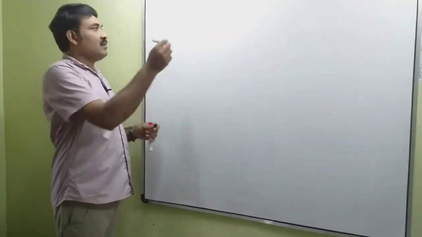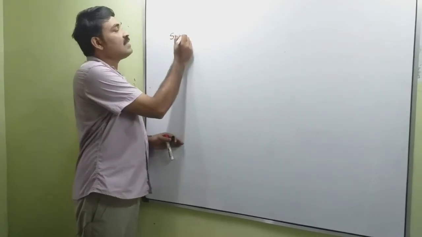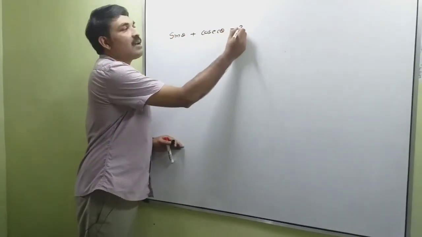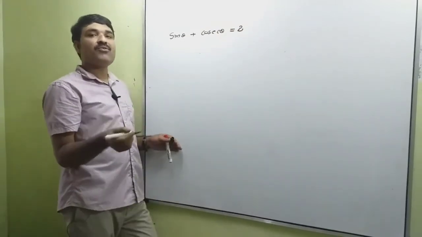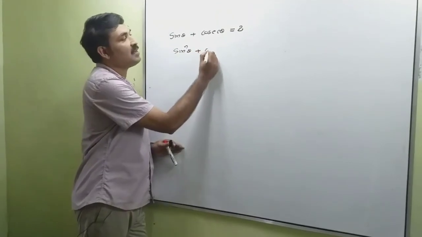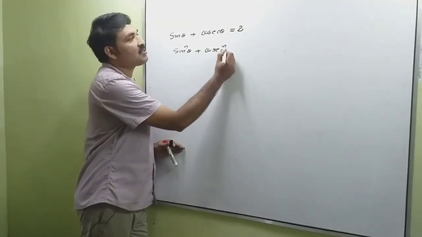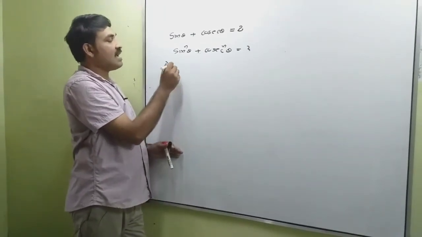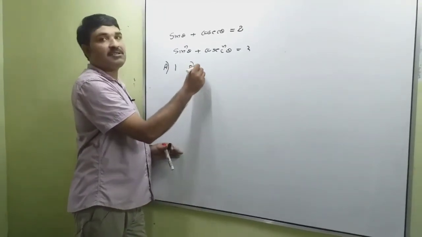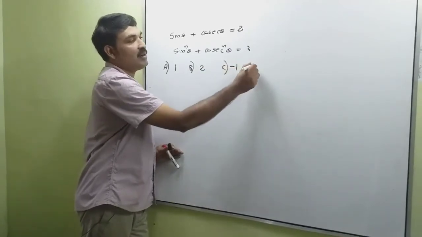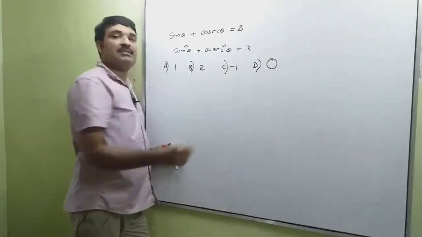Now sin theta plus cosec theta is given as 2. Now we want to find the value of sin raised to n theta plus cosec raised to n theta is equal to dash. Options are given. A is equal to 1, B is equal to 2, C is equal to minus 1, D is equal to 0.